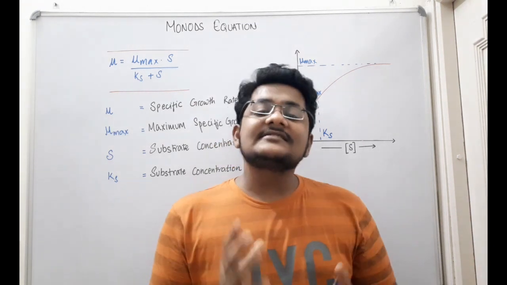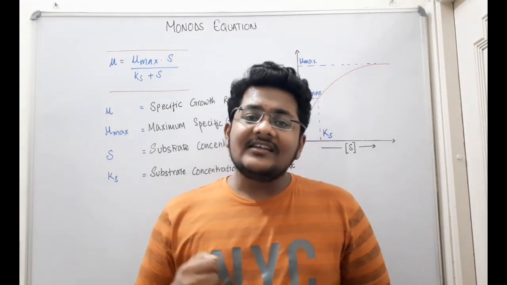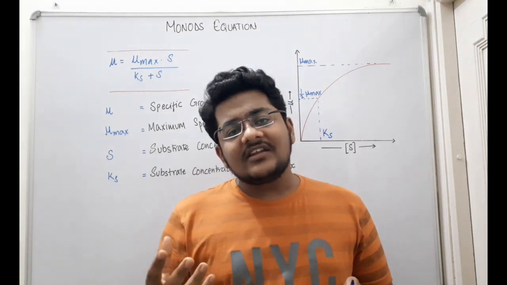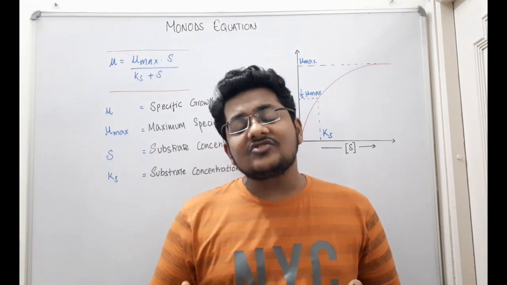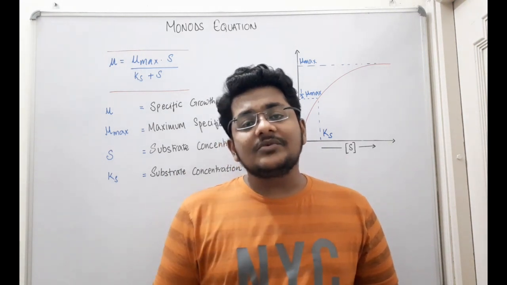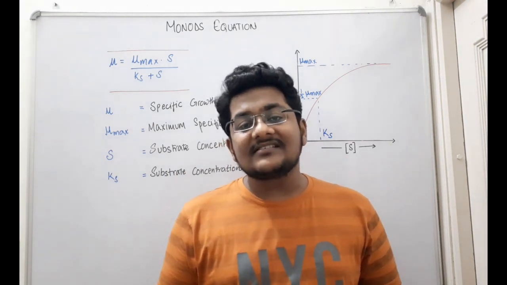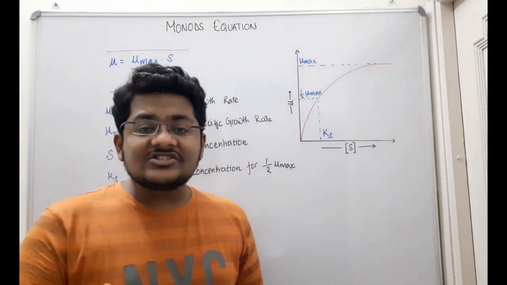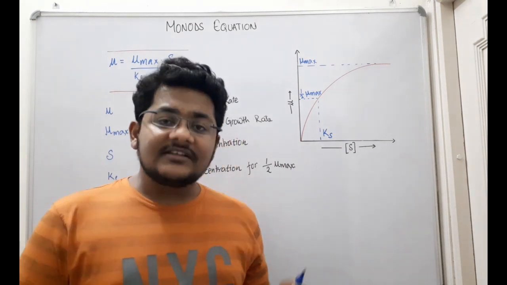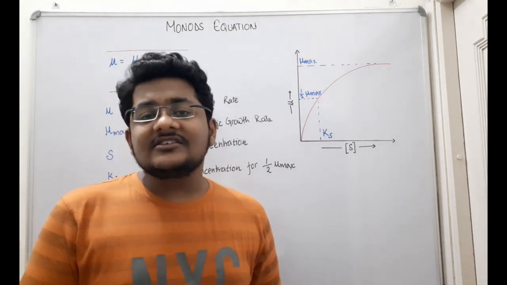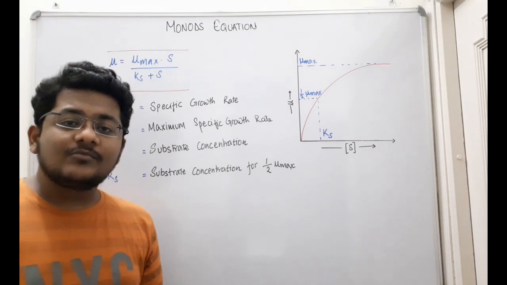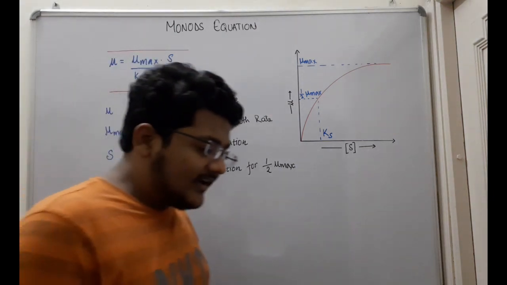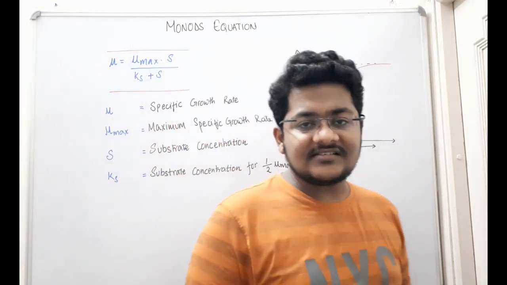For an enzymatic reaction, Michaelis-Menten gave an equation which states that the rate of the reaction, denoted by V, is equal to Vmax S upon Ks plus S. Now we replace that V, the rate of the reaction, with mu, which is specific growth rate. So now we have Monod's equation: mu is equal to mu max S upon Ks plus S.